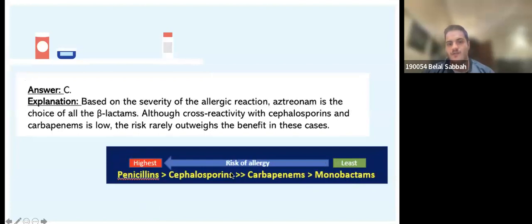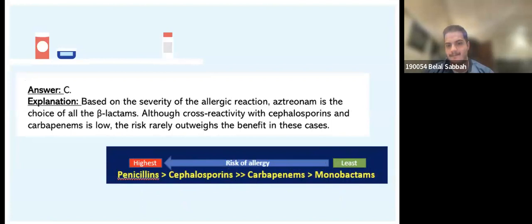If someone has a penicillin allergy, you want to avoid cephalosporins because they have about a 10% chance of cross-reacting with a penicillin allergy. Carbapenems are okay, but monobactams have the least risk. So if you have the option to choose a monobactam when someone has a penicillin allergy, you should go with the monobactam drug. Okay, do you guys understand?